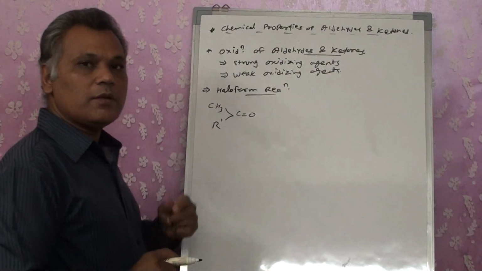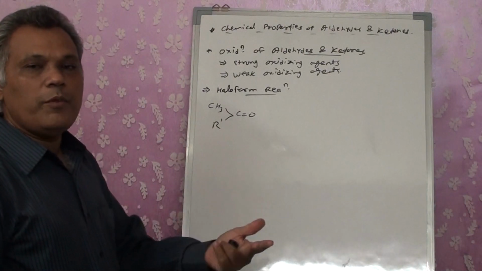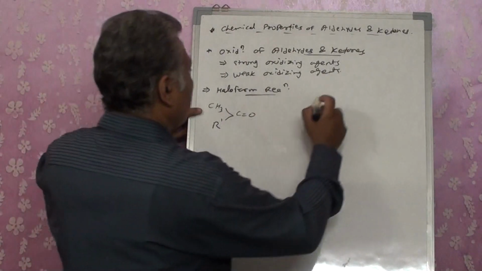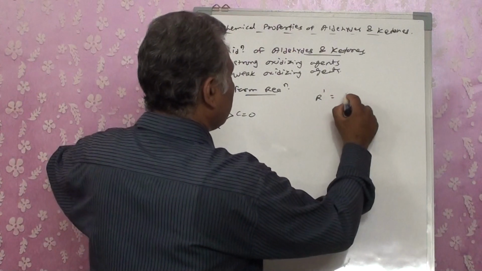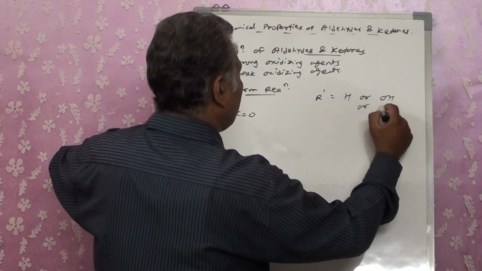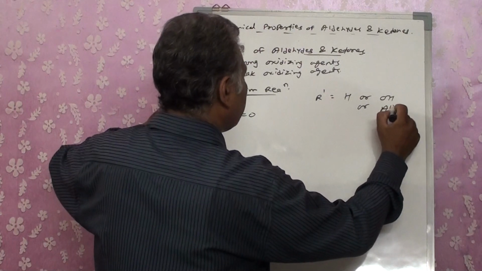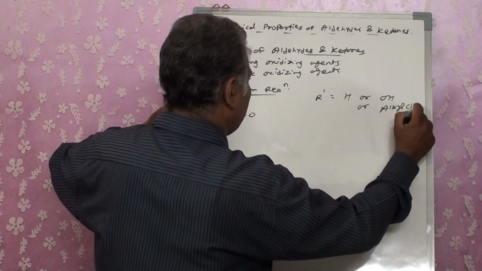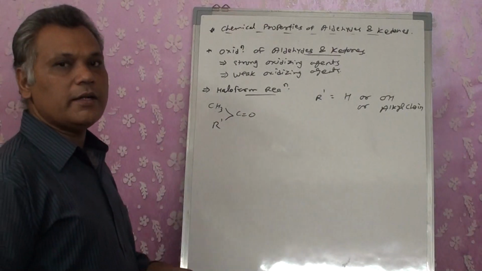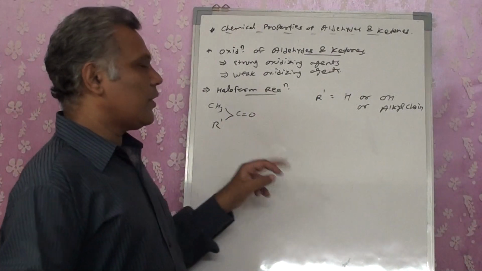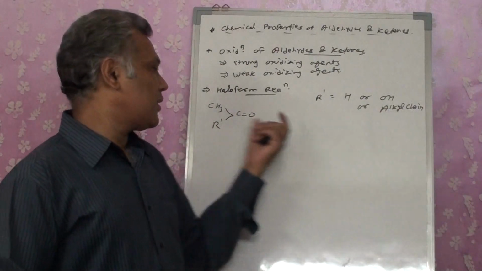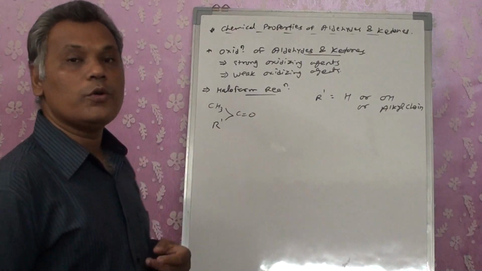We don't know what it is. Maybe H, maybe OH, maybe an alkyl chain. If it is H, it is an aldehyde, ethanal. If OH, it is a carboxylic acid, ethanoic acid. And if it is an alkyl chain, it is a 2-one ketone.